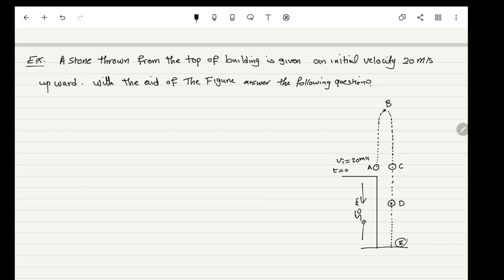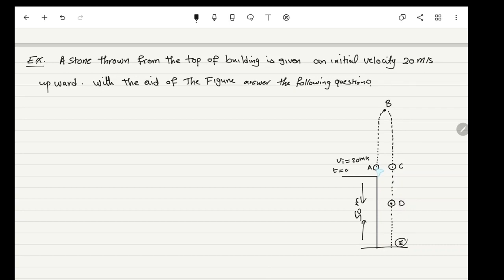Now let's have this comprehensive example. A stone thrown from the top of the building is given an initial velocity of 20 meters per second upward. With the aid of the figure, answer the following questions. Just before starting, let's understand this figure. This is the building, and its height is 50 meters.